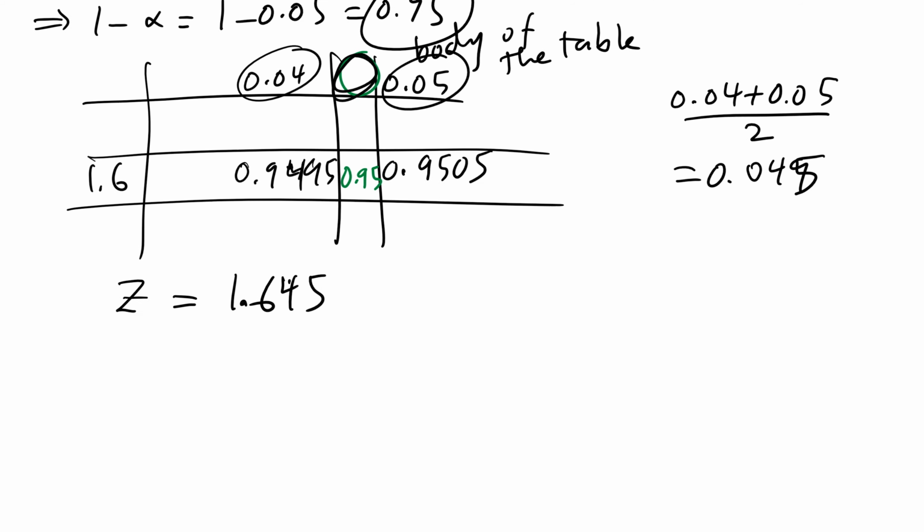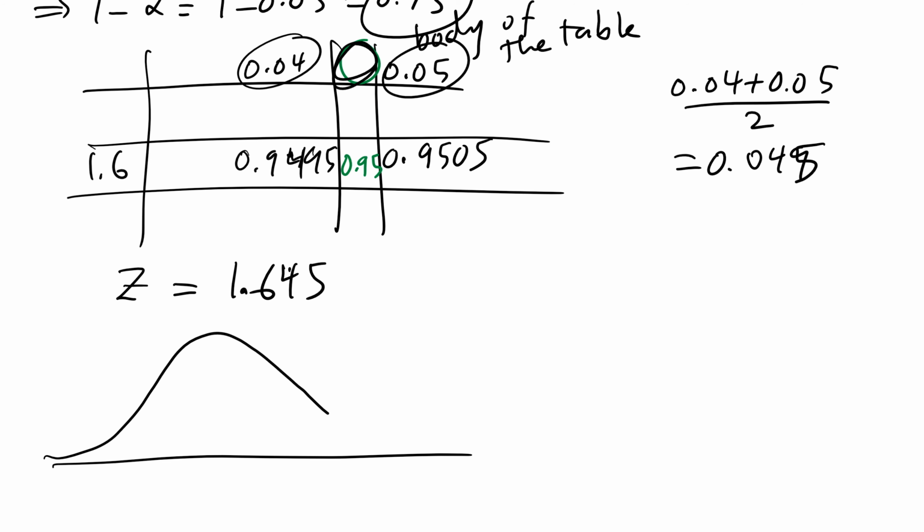Okay, so now this means we are going to create the graph, and this is 1.645. But the Z sub 0, so just to make sure, the area of this is 0.05, which is the alpha value.